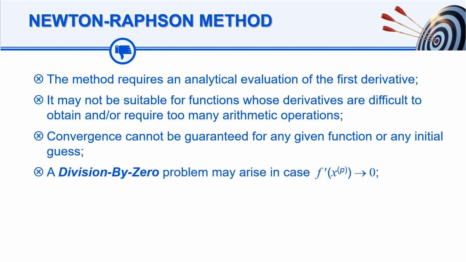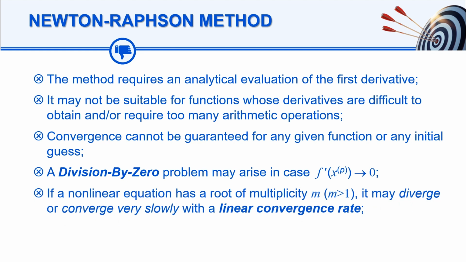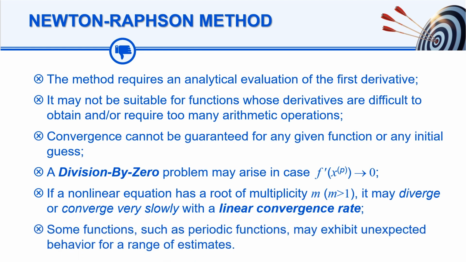A division by zero problem may arise in case the derivative approaches zero. If a nonlinear equation has a root of multiplicity m greater than 1, it may diverge or converge very slowly with a linear convergence rate. Some functions, such as periodic functions, may exhibit unexpected behavior for a range of estimates.